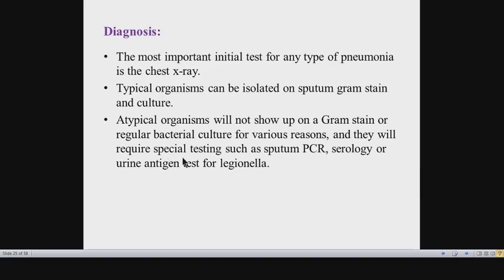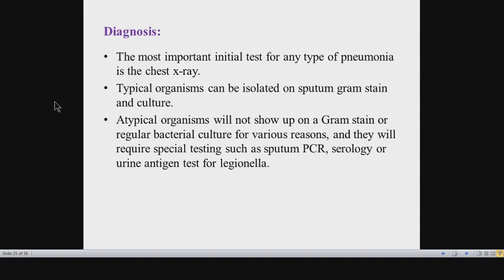But actually, in most of the cases of pneumonia, we will not need to do these investigations. We will just do chest x-ray to confirm the diagnosis, and then we can do sputum for gram stain and culture. And we will not need to do investigations directed towards atypical organisms, because our empirical treatment will include macrolide antibiotics, and atypical organisms are always sensitive to macrolide antibiotics.